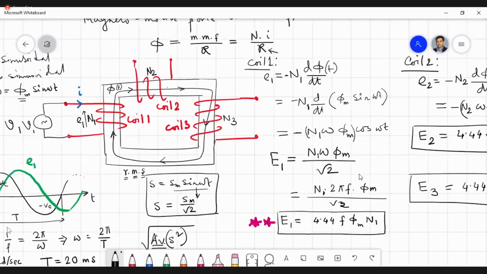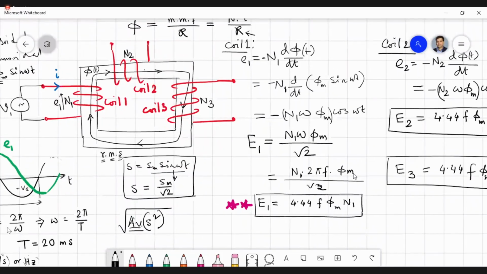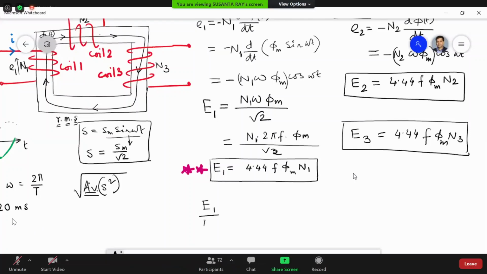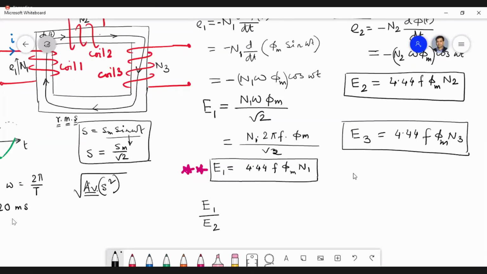Clear? Any question? Yes, what is your question? Sir, if N2 and N3 are the same, will the distance of the secondary and tertiary coils from the primary coil affect the induced values?